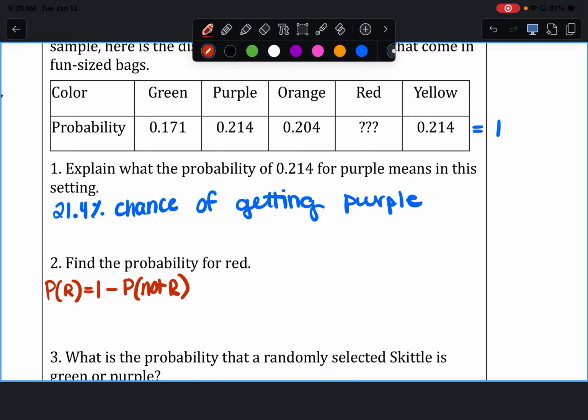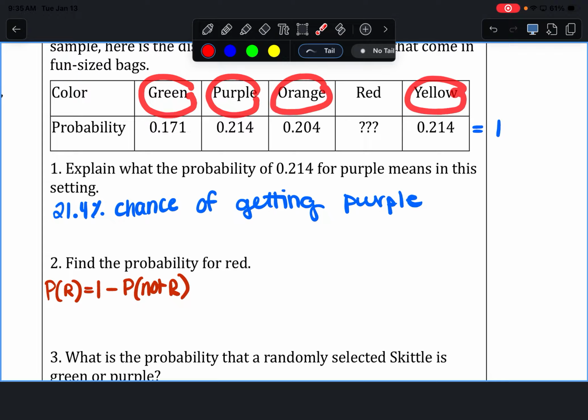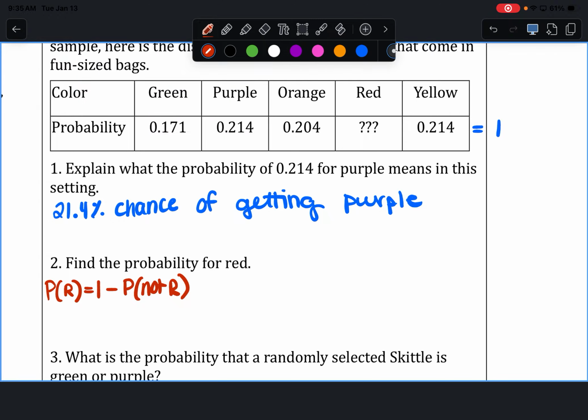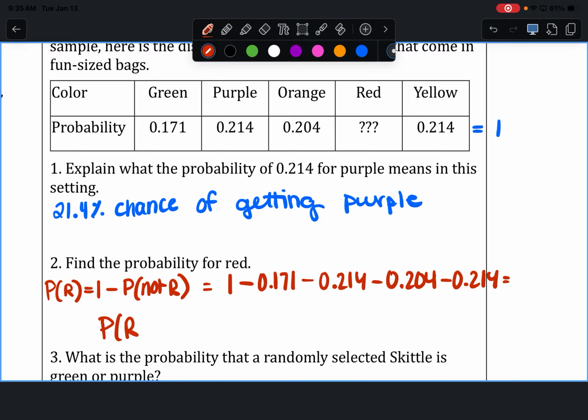In this case, is green red? Green is not red. Is purple red? No. Orange red? Yellow red? No. So what we can do is 1 minus everything that's not red. So 1 minus 0.171 for green, minus 0.214 for purple, minus 0.204 for orange, and minus 0.214 for yellow. And what does that give us as the probability for selecting a red?